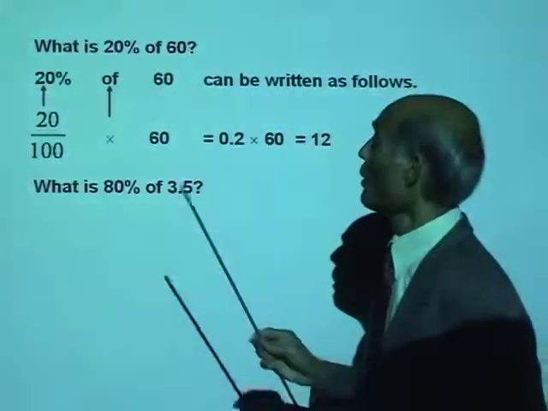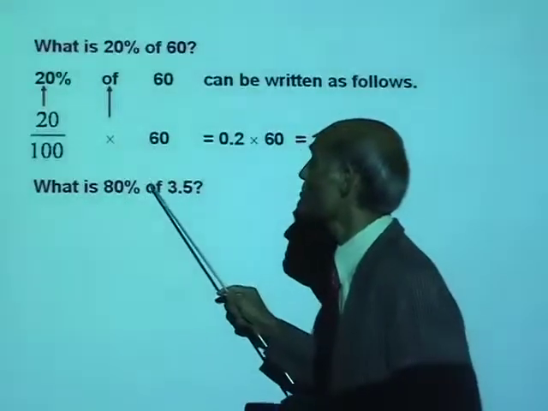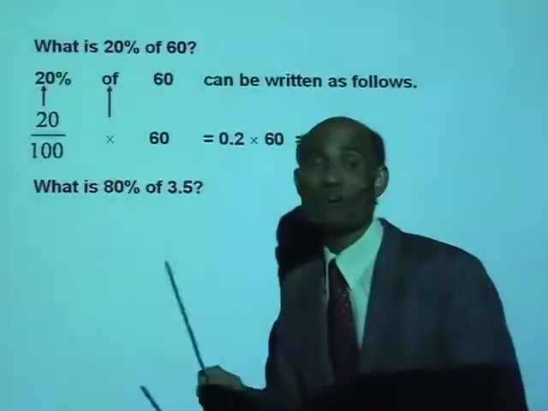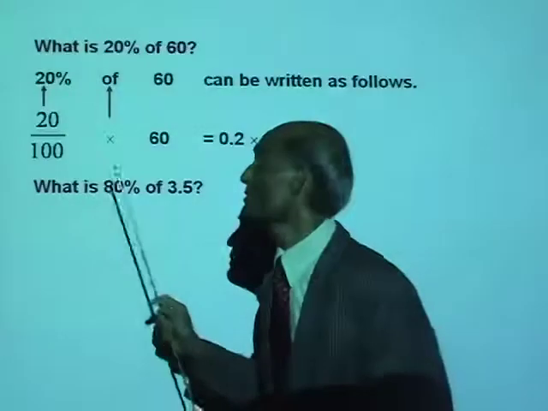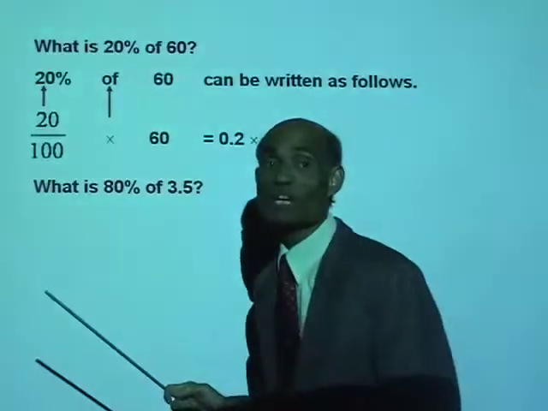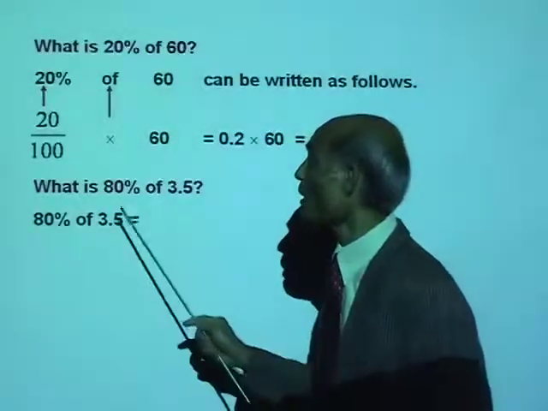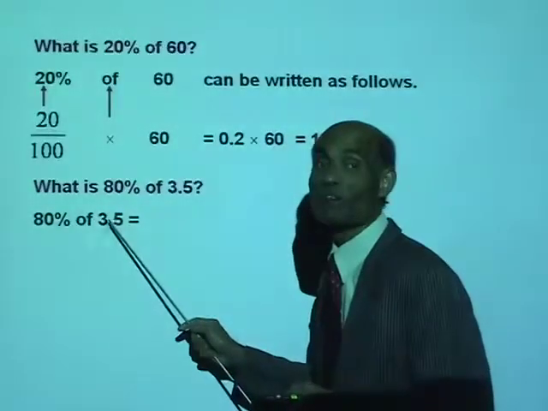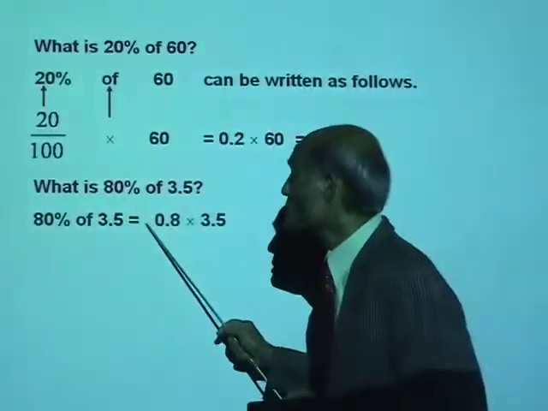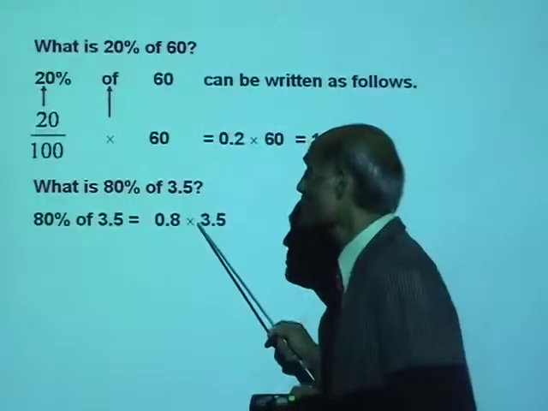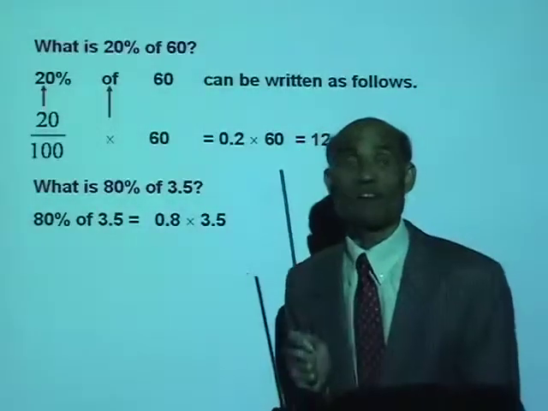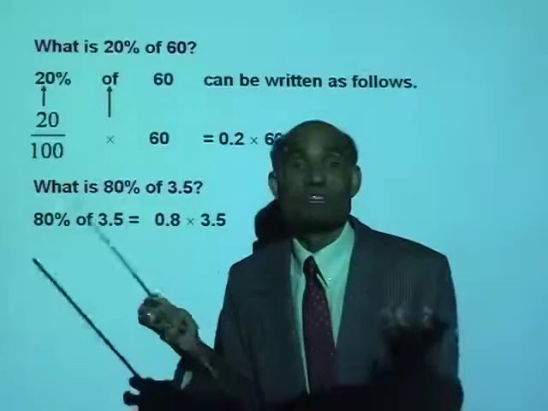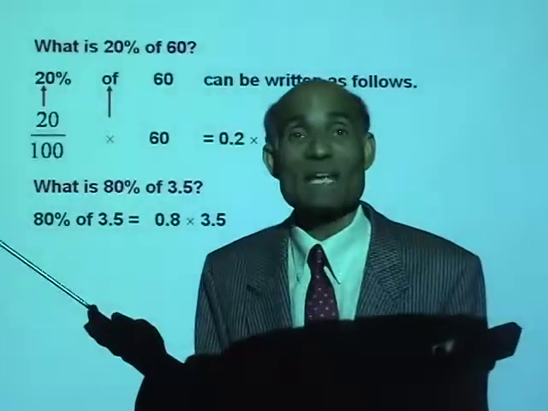Alright, another one. What is 80% of 3.5? You can do the same way. So 80% of 3.5 is 0.8 multiplied by 3.5. You see, a very simple way to find the percent.